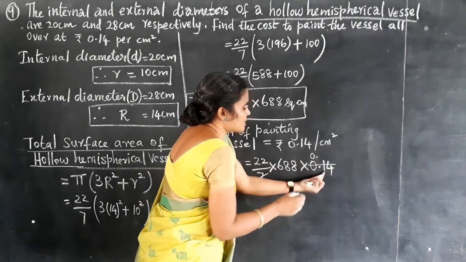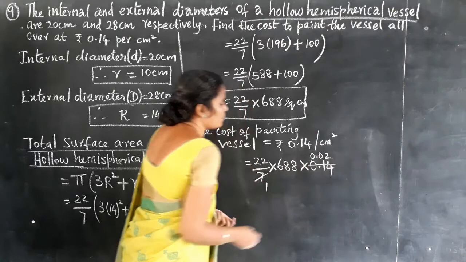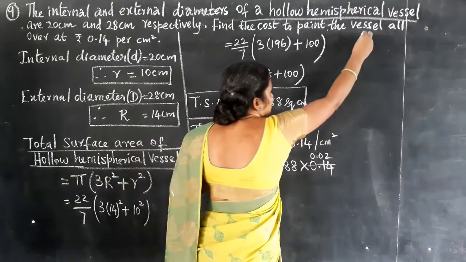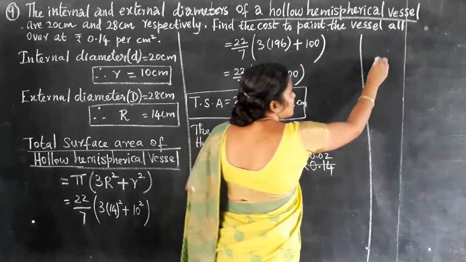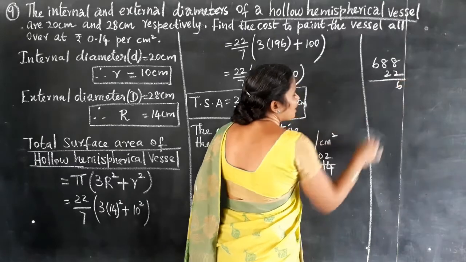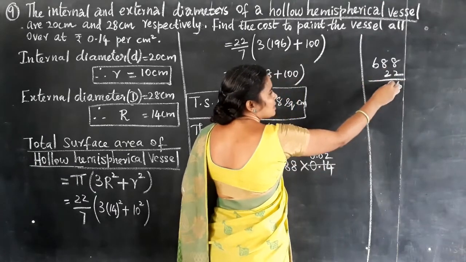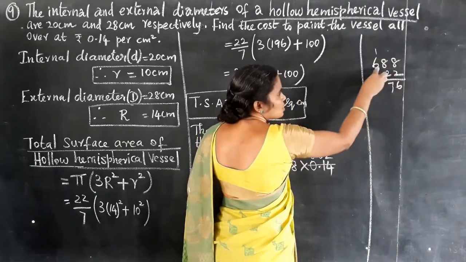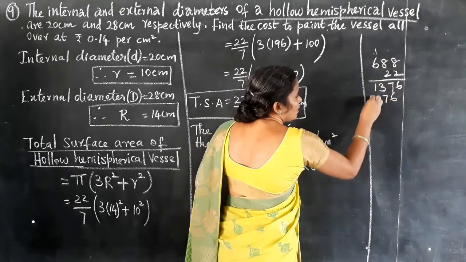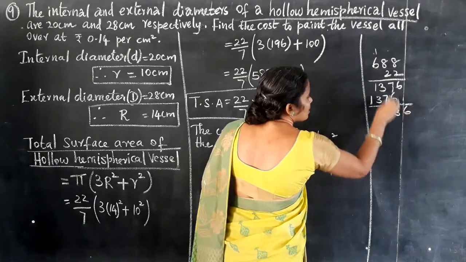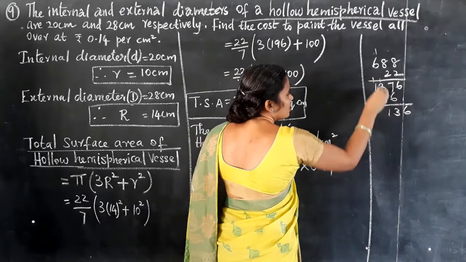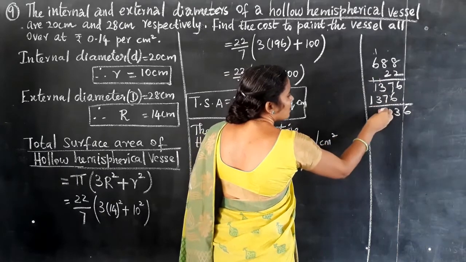Now multiply 688 into 22, which gives 15136.